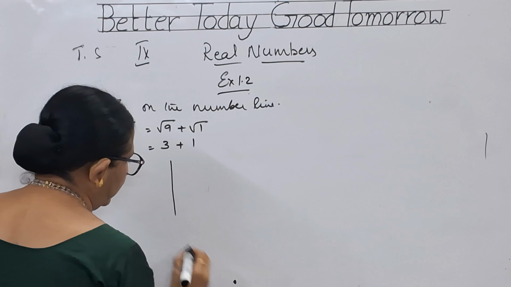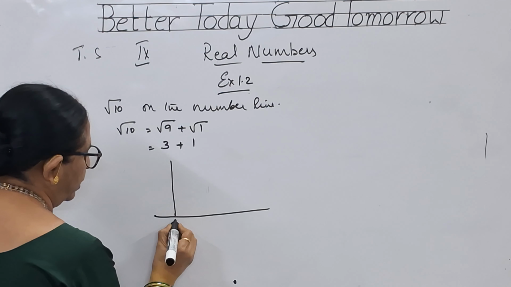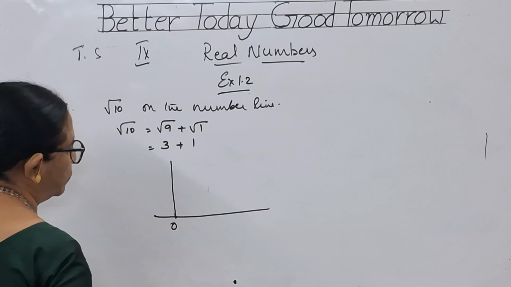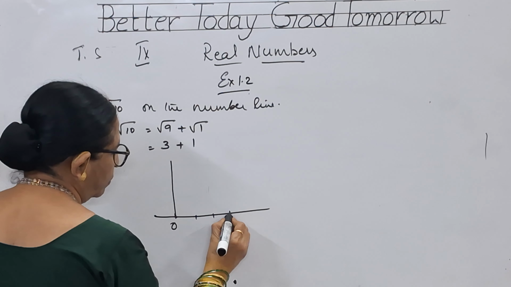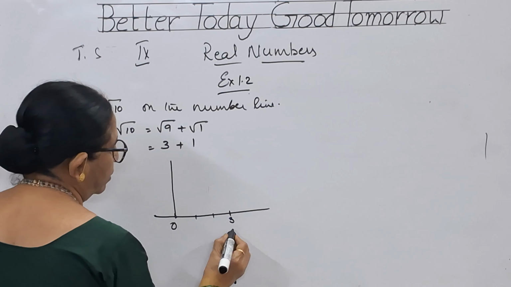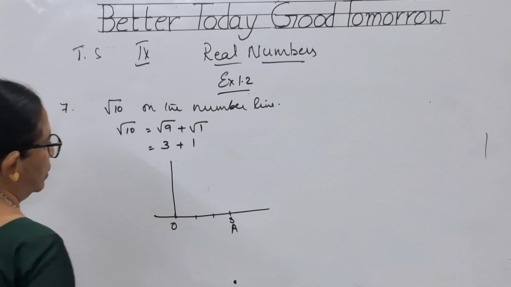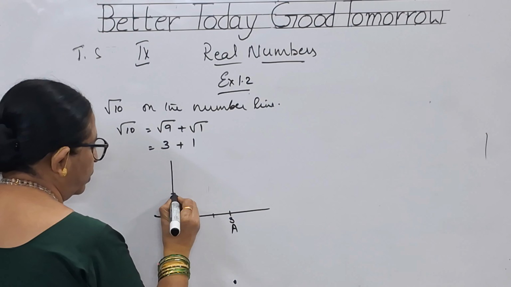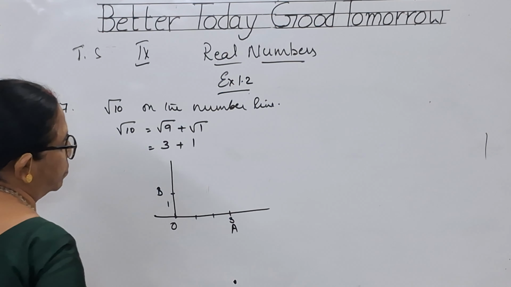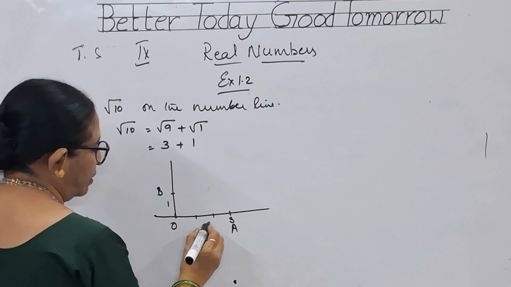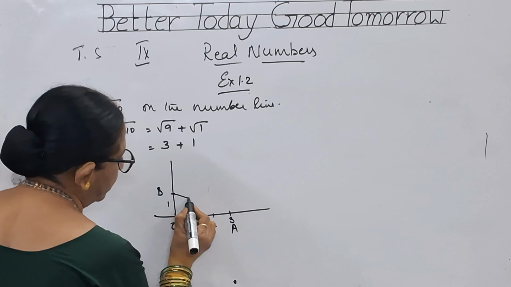Use your scale, children, and here let me call this O. You have to locate a point 1, 2, 3. This is the third point. Let me call it A. Then here you have to take only one point. Let us call it B. This is first, second, 1, 2, 3. Now you join B and A.